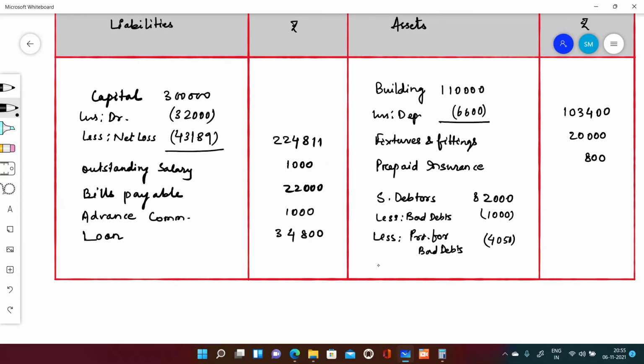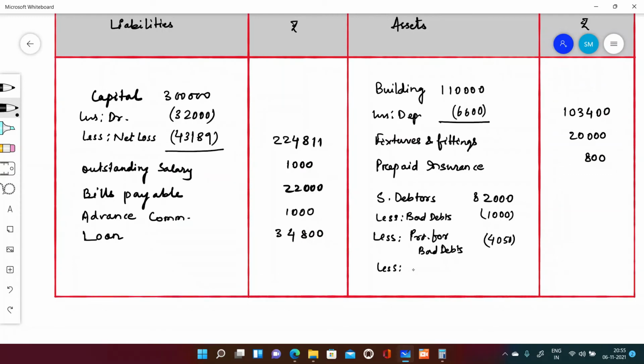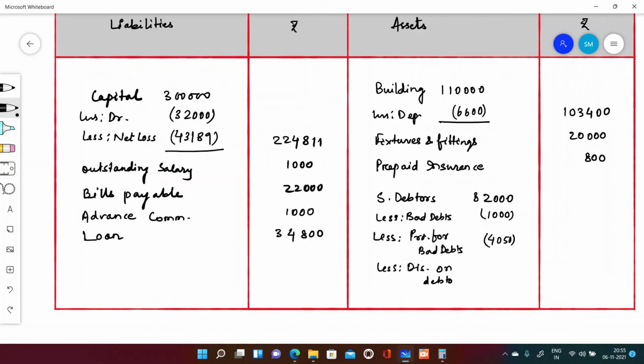Now and less discount on debtors, that also we calculated. Refer, or you can reverse the video and then you can see we have calculated discount on debtors, that is your 1,539.